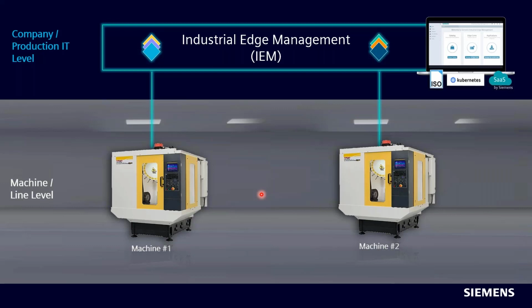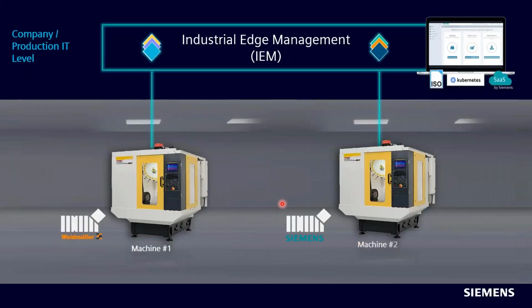And if the infrastructure is set up, so the management system is set up, the customer then of course needs different devices, where the applications get executed. And here the customer can choose between Siemens Edge devices or third-party Edge devices like Weidmüller. The applications can now be deployed and executed on the device. Besides the respective apps for the use case, connectivity apps are also needed.